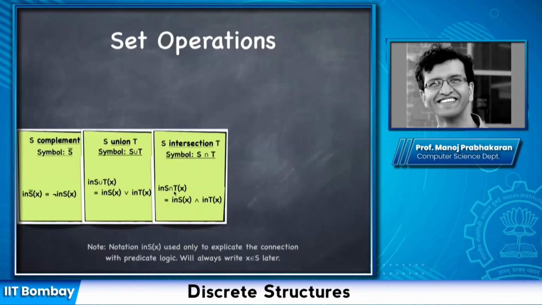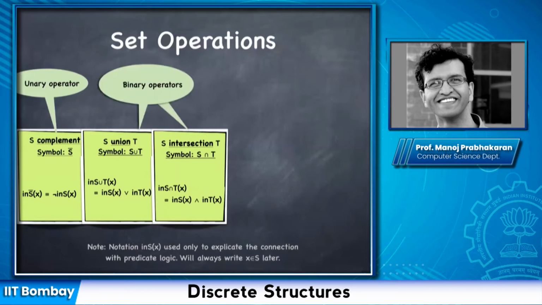So in S intersection T of X is simply in S X and in T X. So X is in S and X is in T. That's when X is in S intersection T. So this was a unary operator, and these two are binary operators on sets.